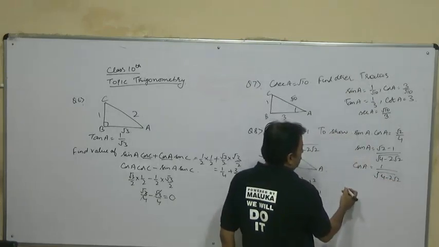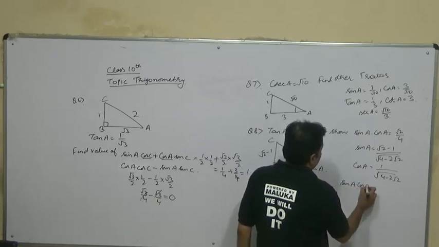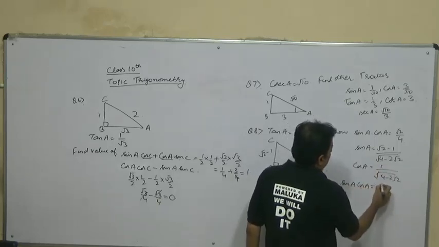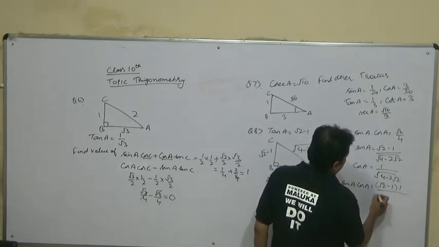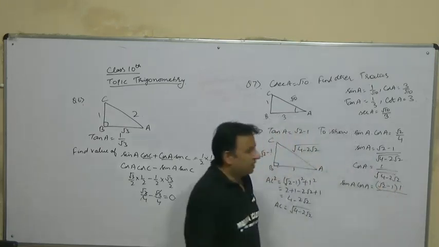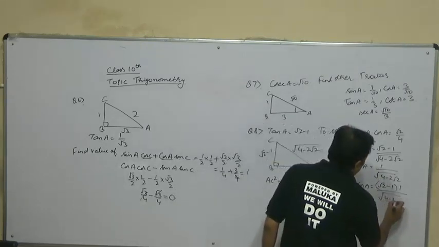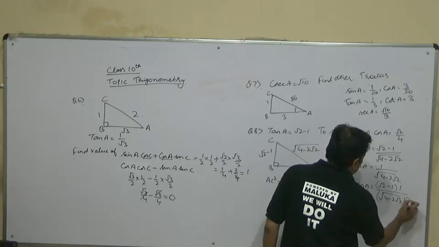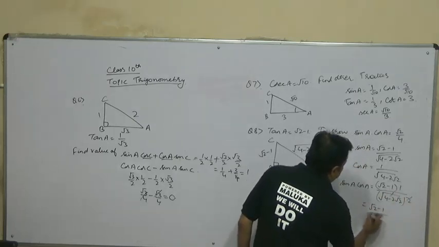We multiply these two, we get sin A into cos A. So the numerator is (√2 − 1) upon 1, and below we have the same denominator with the root, so we get √(4 − 2√2) whole square. So this will cancel out. So this is (√2 − 1) upon (4 − 2√2).